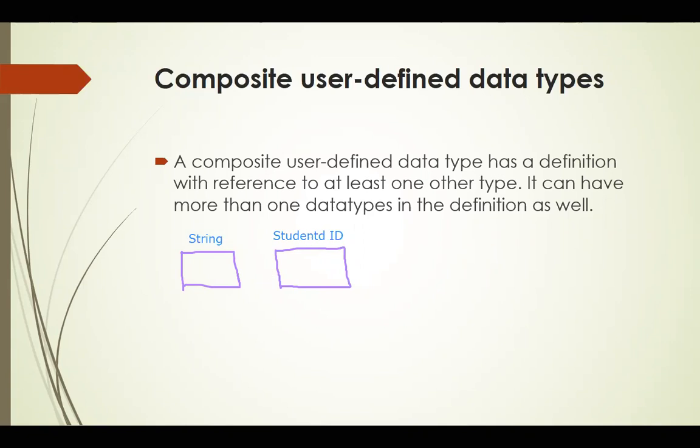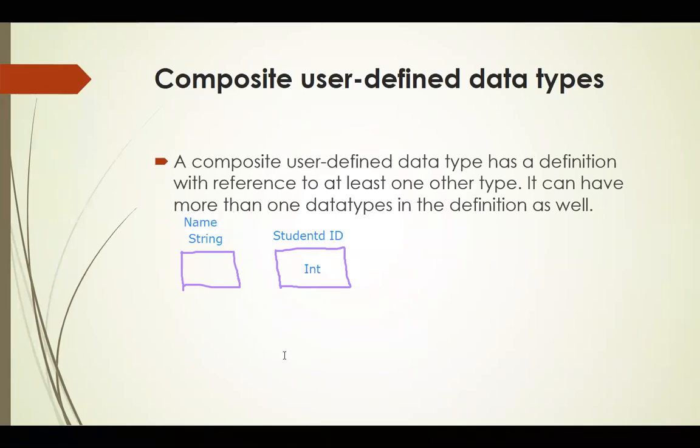So this one can be integer, and this was a string, name.